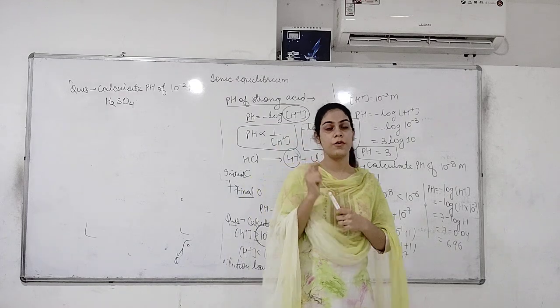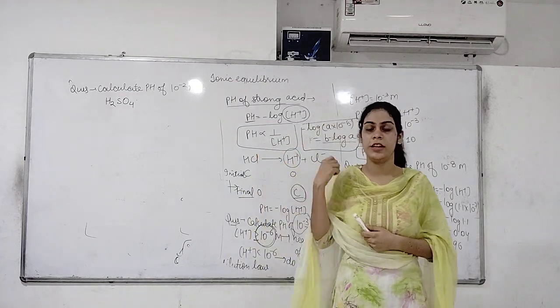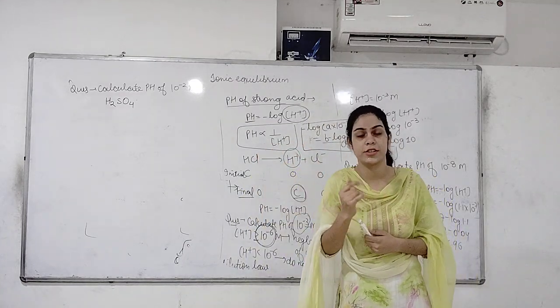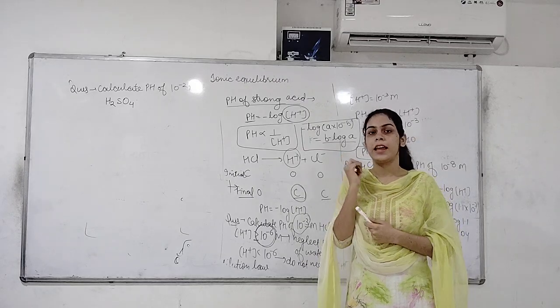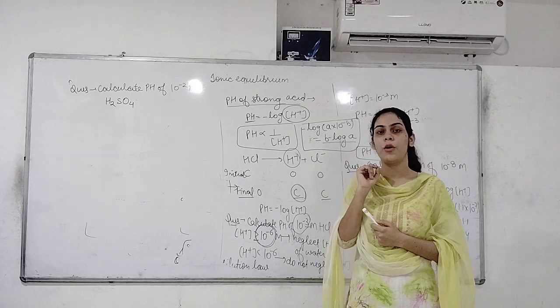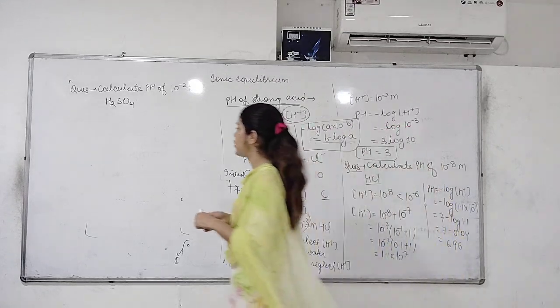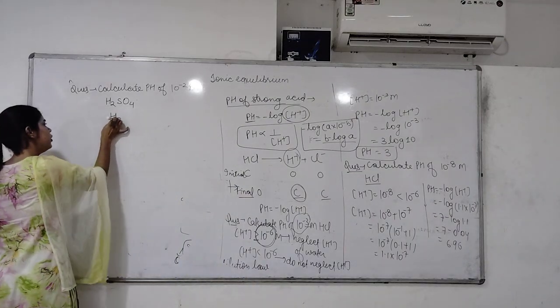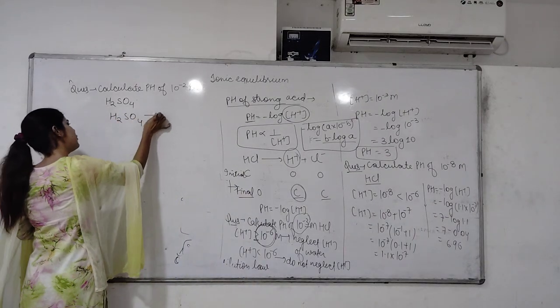Now the question arises, what is the H positive ion concentration in H2SO4? Since H2SO4 is a strong acid, the concentration can be easily calculated with the help of the concentration of acid. H2SO4 will break and form 2H positive along with SO4 double negative.